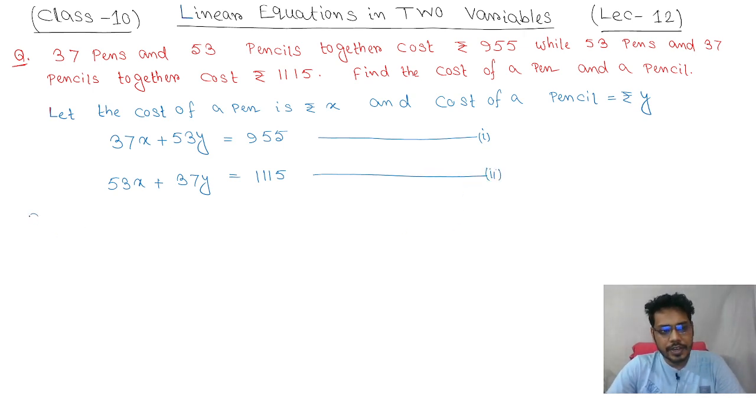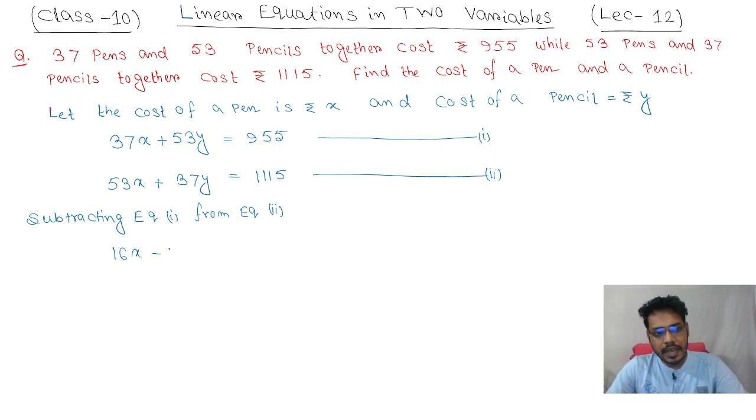Now if you subtract equation number 1 from equation number 2, what you will get, 16x minus 16y will be equal to 160.